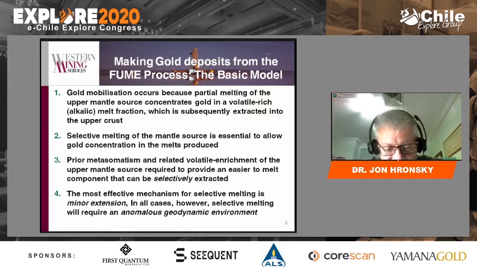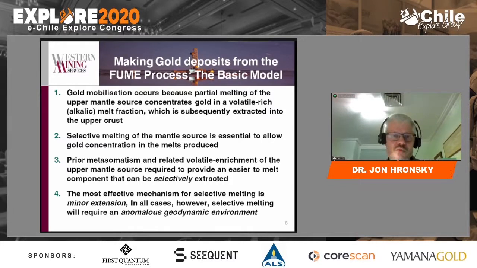Small degrees of extension will just partially melt the most meltable components. In all cases, however, to do this selective melting, there are a lot of different ways we can do it, but it will require an anomalous geodynamic environment, so geodynamic conditions which are not typical of the background geodynamic conditions in a convergent margin or an arc.